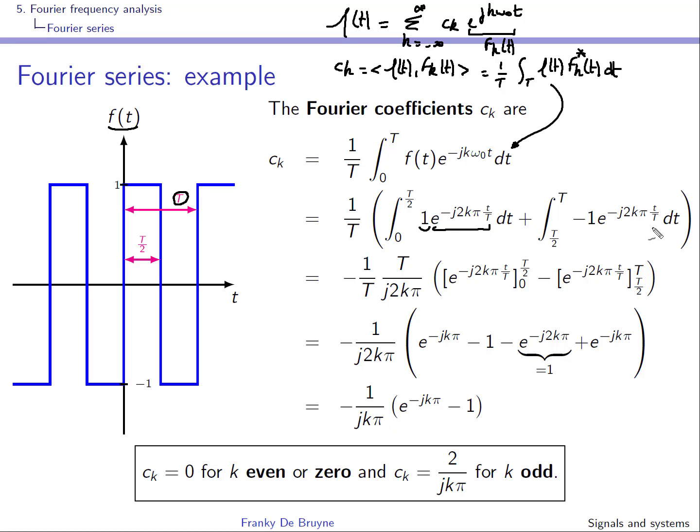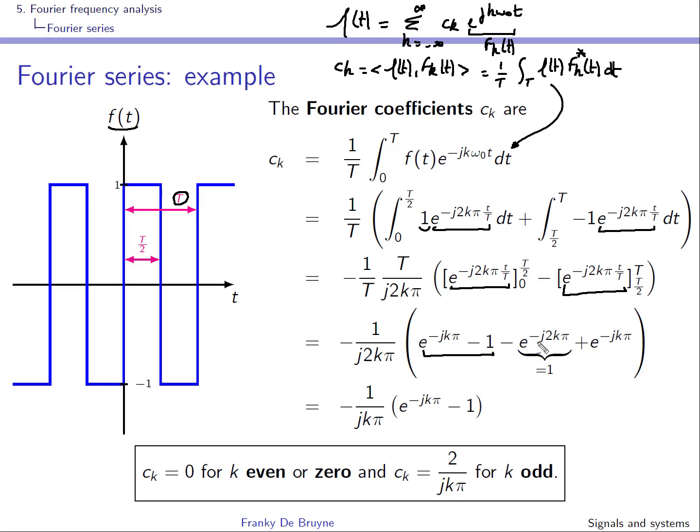You obtain the same function, but you have to divide by minus j2k pi over T, and the 1 over T we brought back to the numerator. Now we can evaluate at the integration bounds. This is what you get for the first one, and this is what you get for the second one.